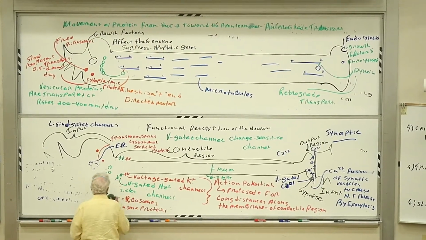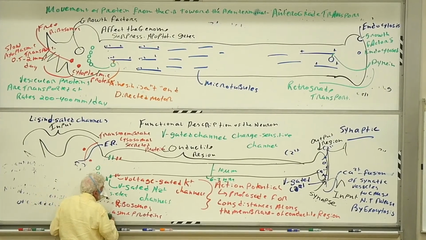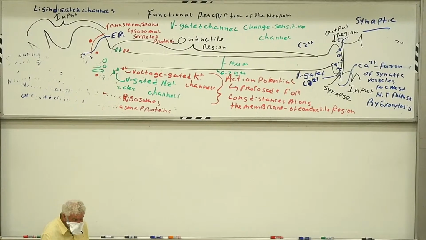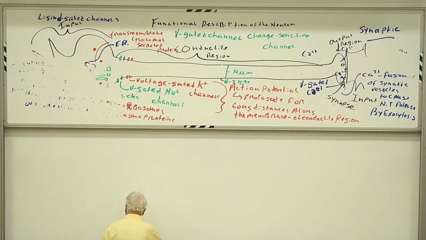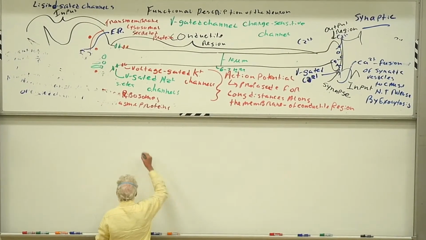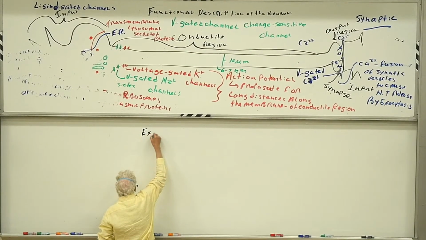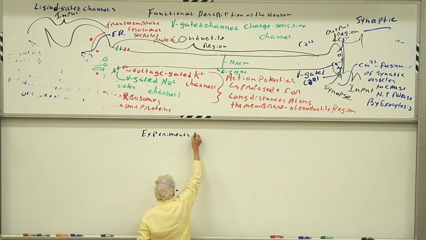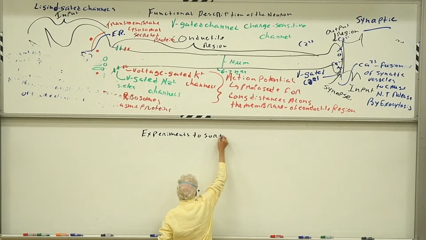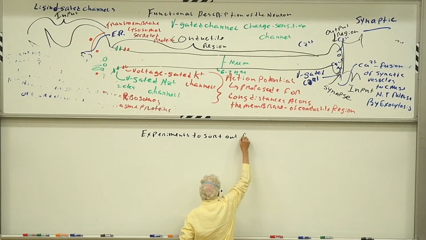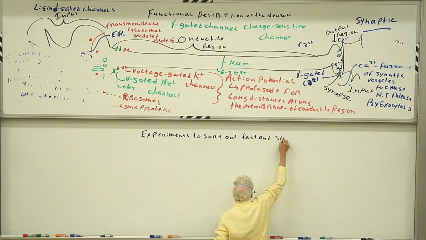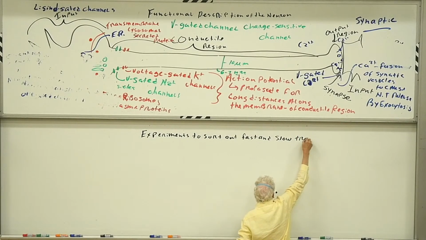But now what we want to do, we do it in the back panel here, is I want to describe a series of experiments to sort out fast and slow transport.